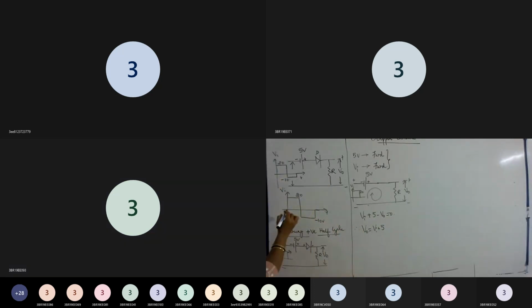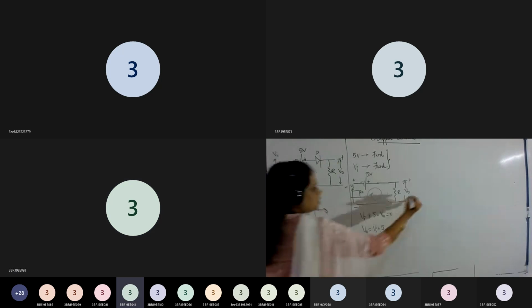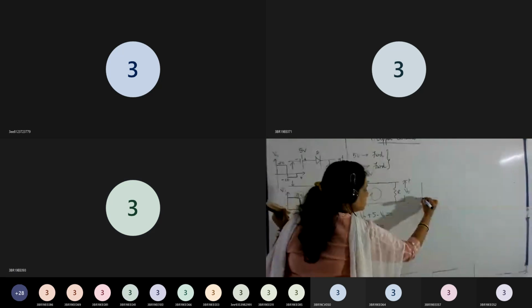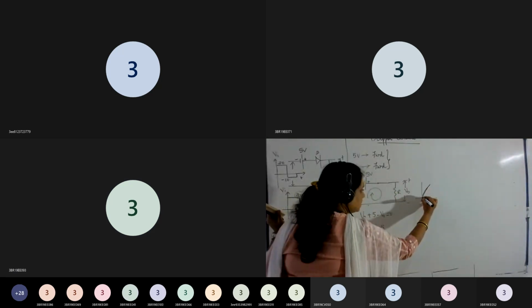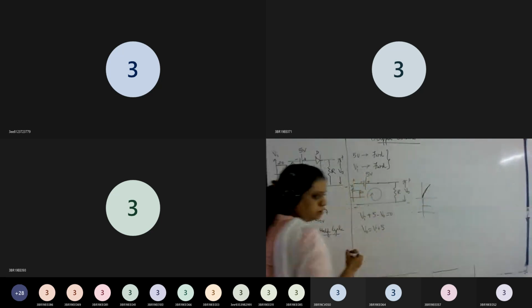Observe here, what type of input they have given? Square wave. Square wave means during the entire positive half cycle, our input voltage value is 20 only. It's not like a sinusoidal waveform, which keeps on increasing. In this case, it is fixed at 20.